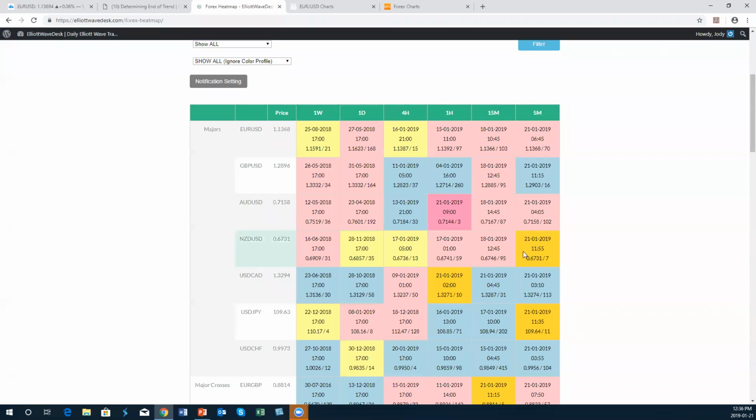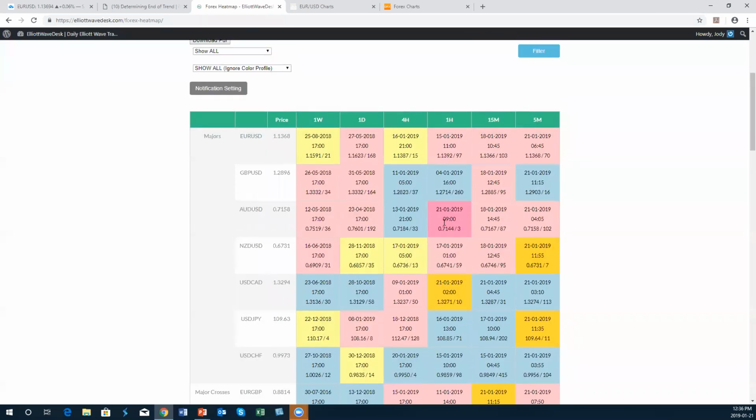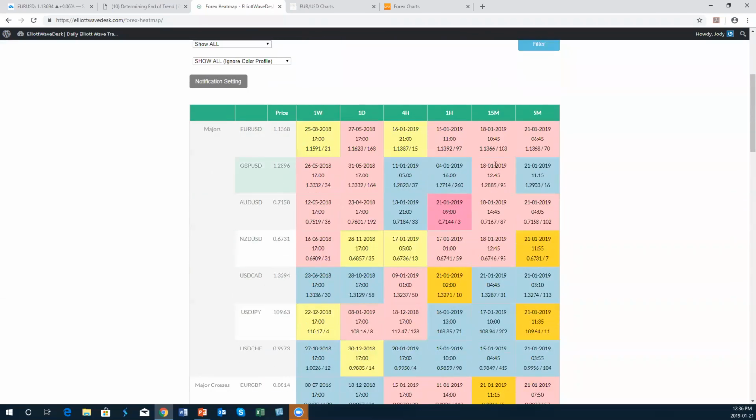Now, when it's dark yellow, in this case it's gold, it means that it has recently turned gold. When it's dark red, it has recently turned red. And when it's dark blue, it has recently turned blue. And we define the number of candles as recent underneath the scanner, under the instructions. So this is a very, very simple tool.